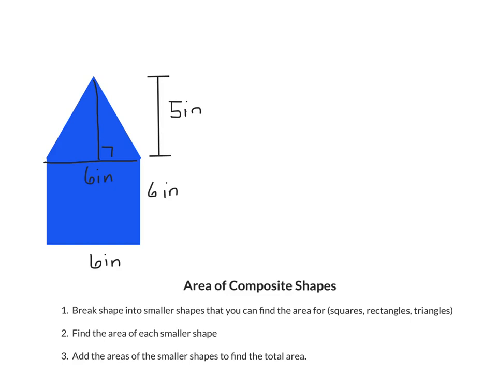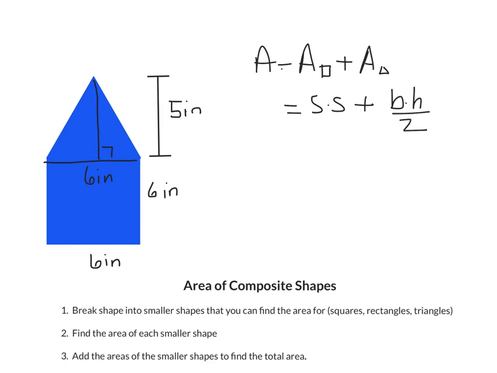Now I'm ready to find my area. I have the area of a square plus the area of a triangle. So my total area is going to be the area of a square plus the area of a triangle. The area of a square is side times side, and the area of a triangle is base times height divided by 2.